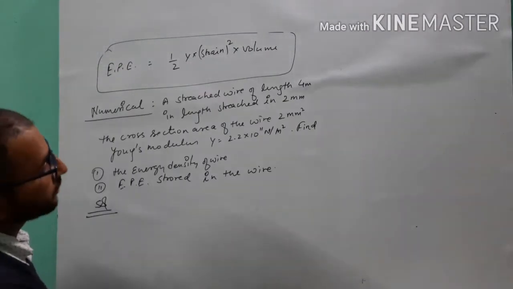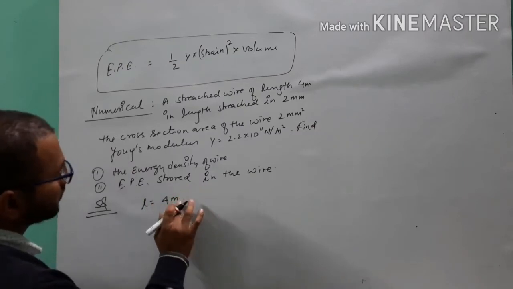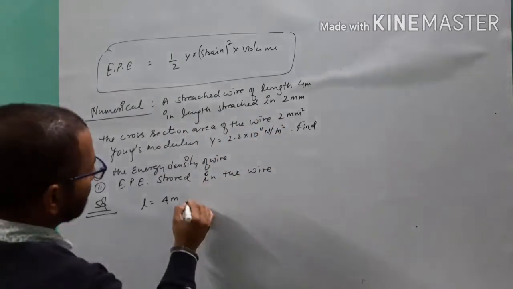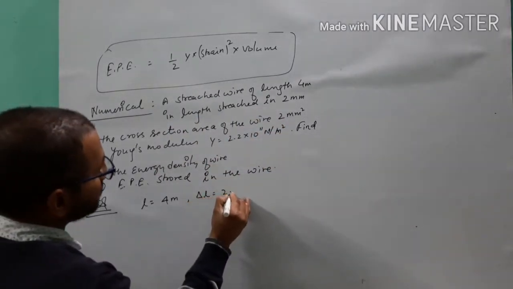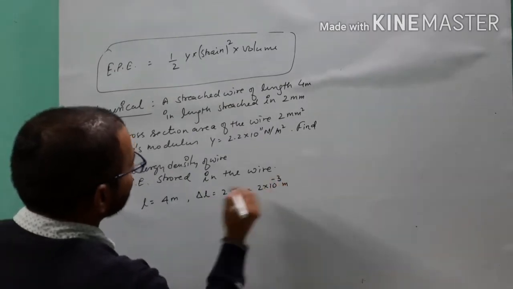A stretched wire of length 4 meter. Initial length is 4 meter. Clear? The length is stretched by 2 mm, means increase in length is 2 mm, which is equal to 2 into 10 raised to the power minus 3 meter.